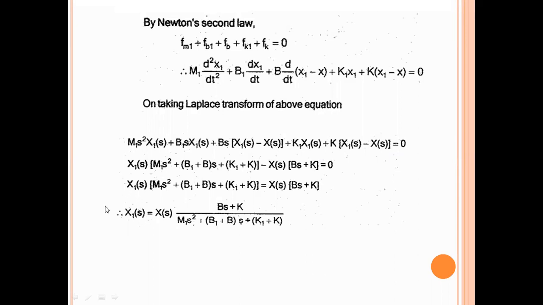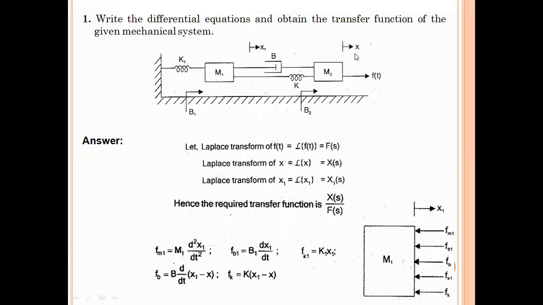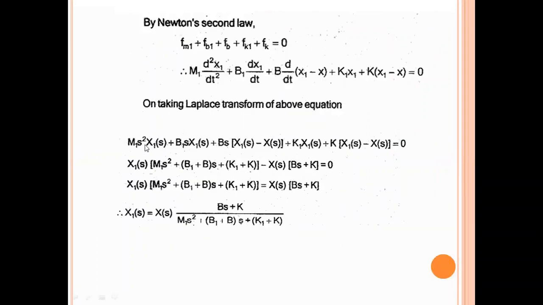Why? Because in the given system, the output is x and the input is f of t. We need to eliminate this x1. For doing that, I am simplifying this Laplace equation to calculate the x1 term.